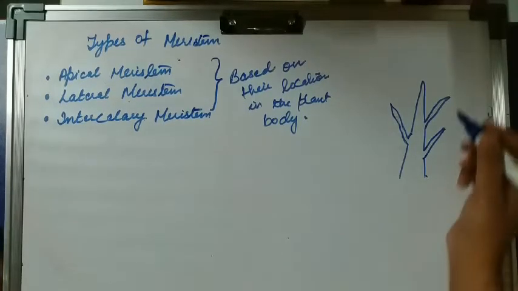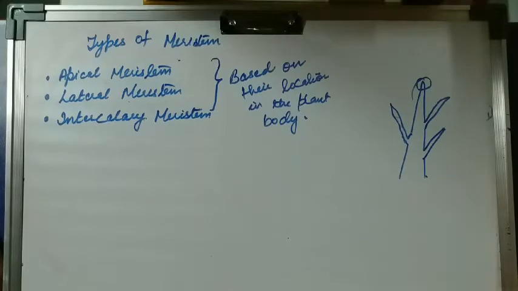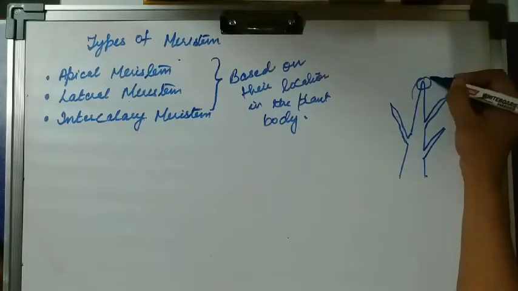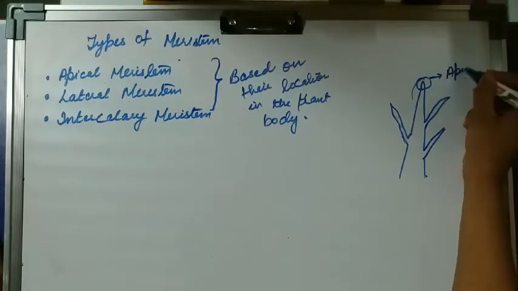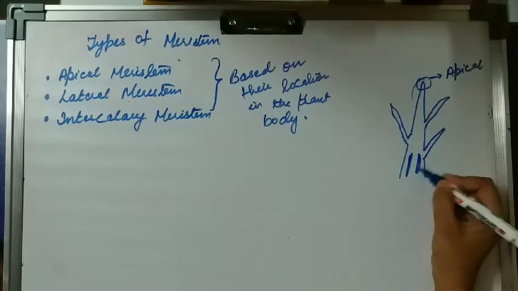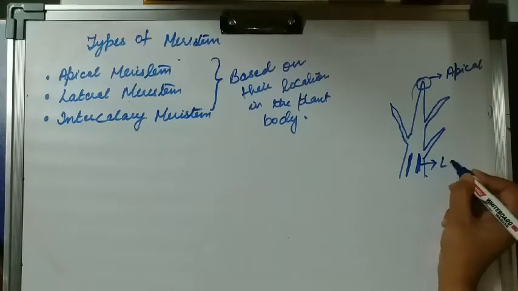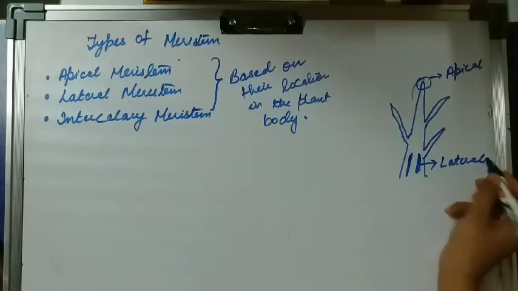So this is the tip of the plant, suppose. Here what will be present? Your apical meristem. This is the side of the plant, both sides of the plant. So here what will be present? Your lateral meristem.